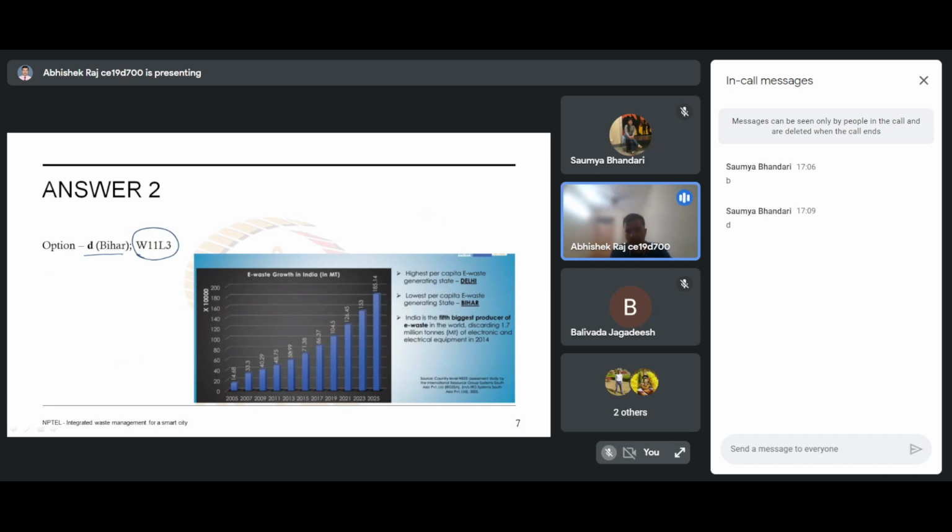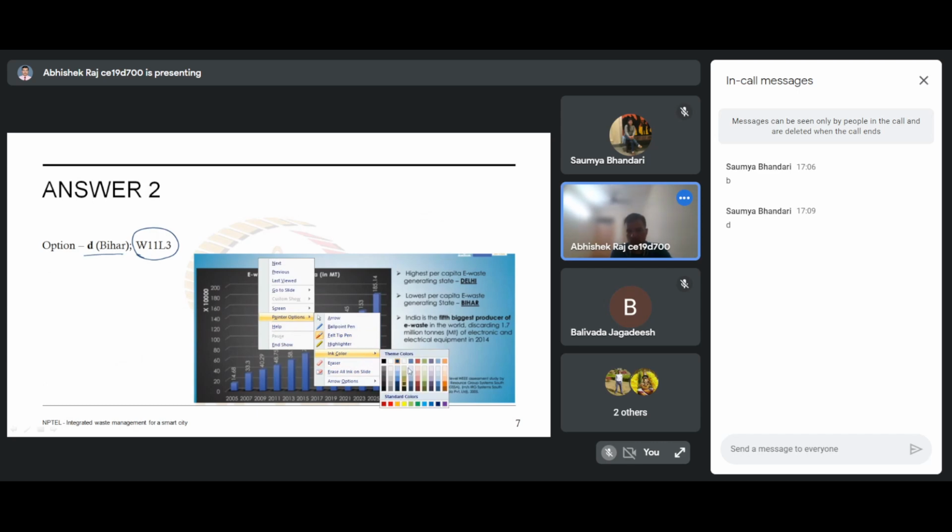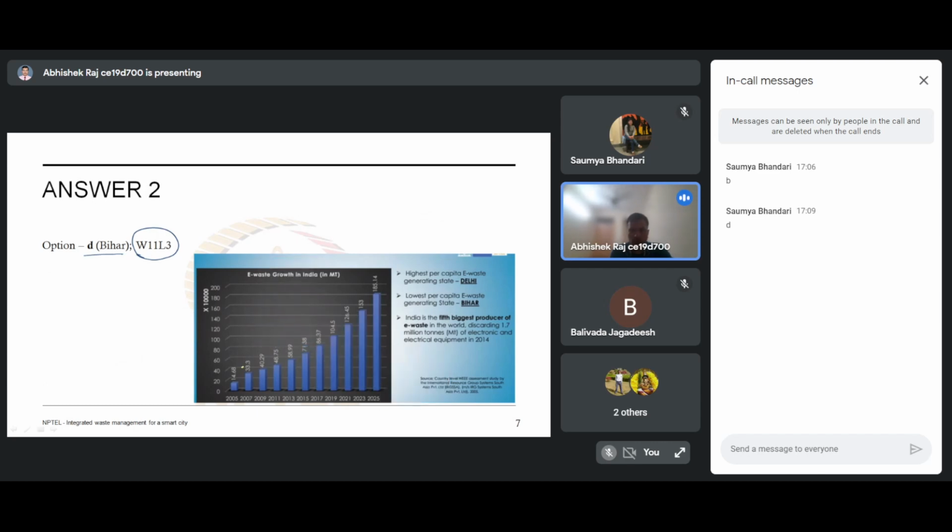Here we can see the growth rate of e-waste in India. It is around 14.68 million tons, and it has grown up to around 185 million tons.